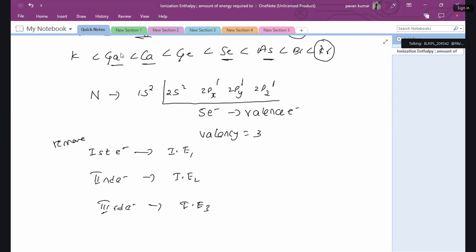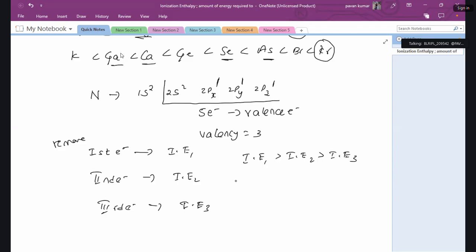Second electron and third electron. So, sir, there is an outermost electronic configuration having that half-filled electronic configuration. So everyone will write down IE1 is greater than IE2 is greater than IE3. Correct?